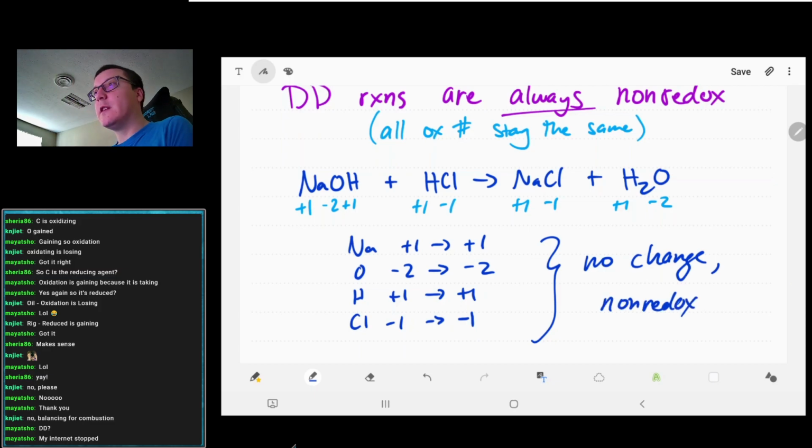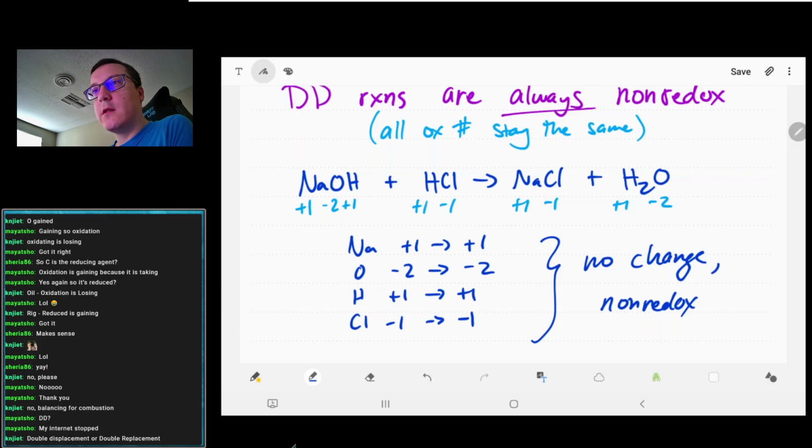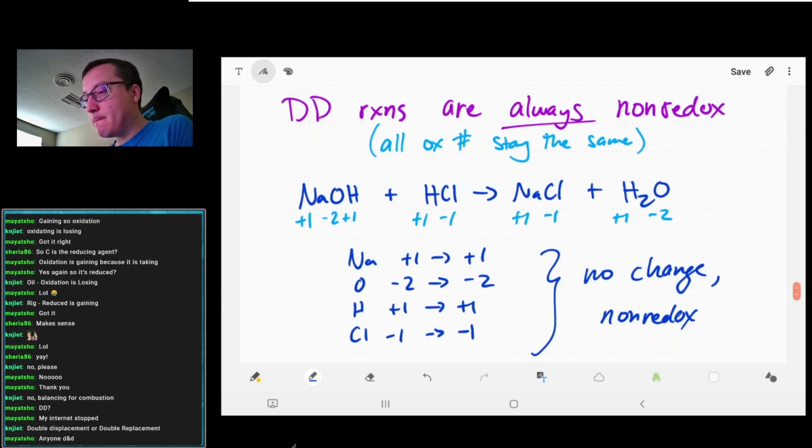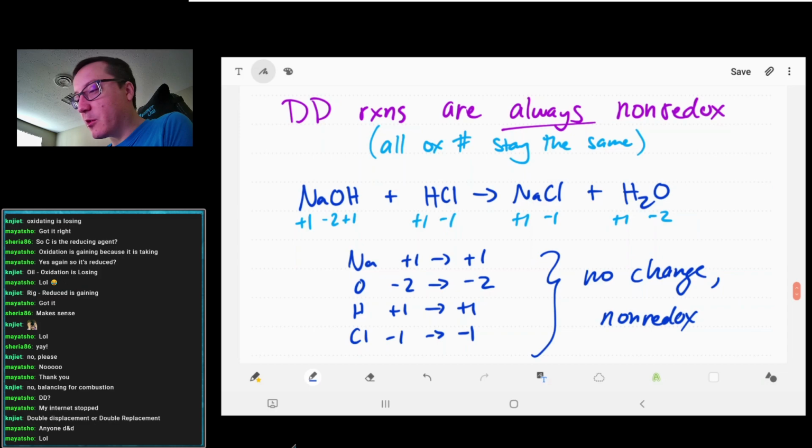You will never see redox in double displacement. Double displacements are always going to be non-redox.